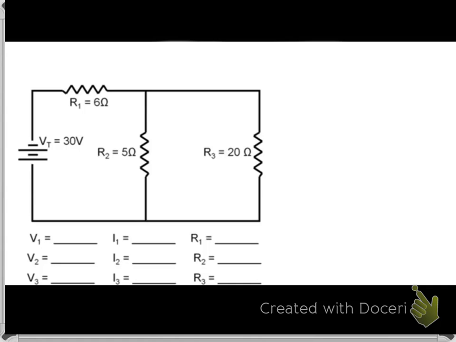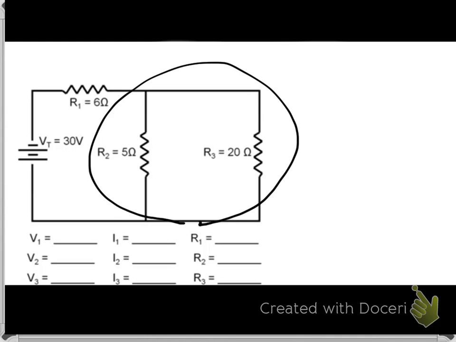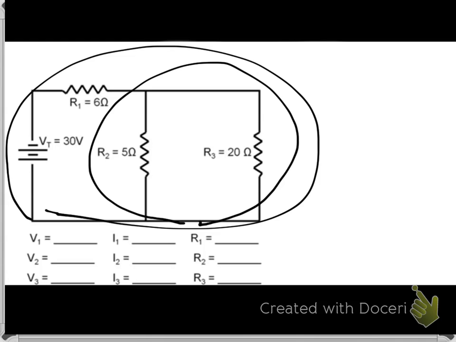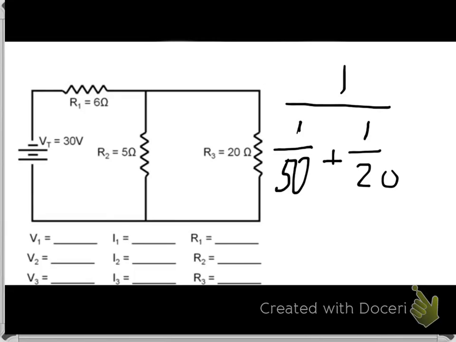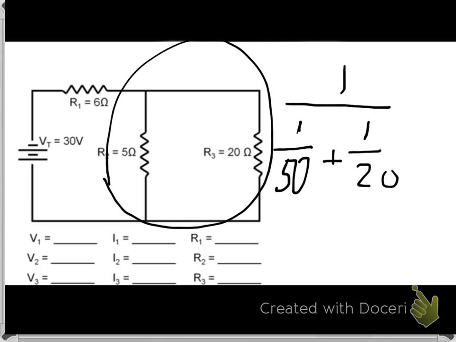Here is an example of a complex circuit. We can solve this by finding the resistance and the current of the parallel circuit, and then after finding that, we can plug it in and make it a series circuit. We first find the total resistance of the parallel circuit in this whole circuit.